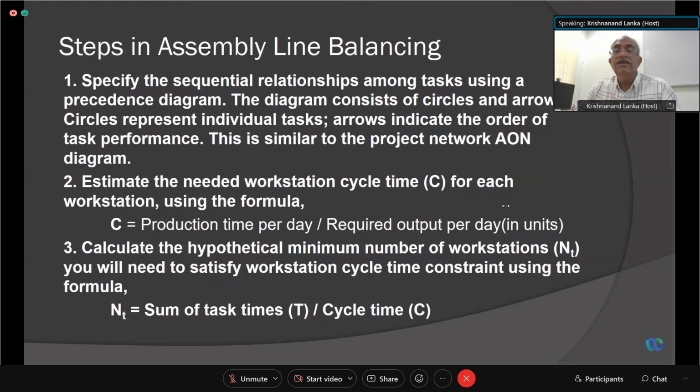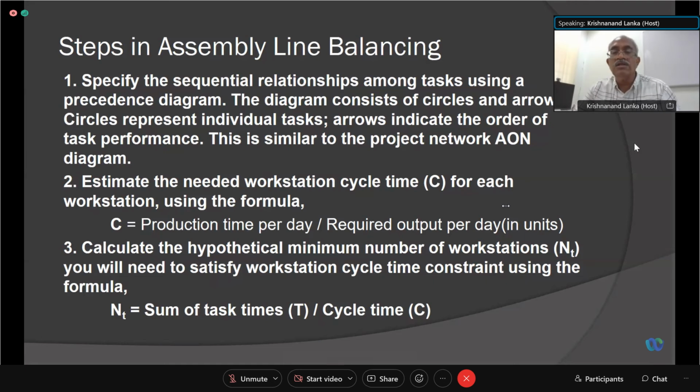Arrows indicate the order of task performance. This is similar to the project network AON diagram, activity on node. That is the full form of AON diagram. We will do some problems on AON when we talk about project management.